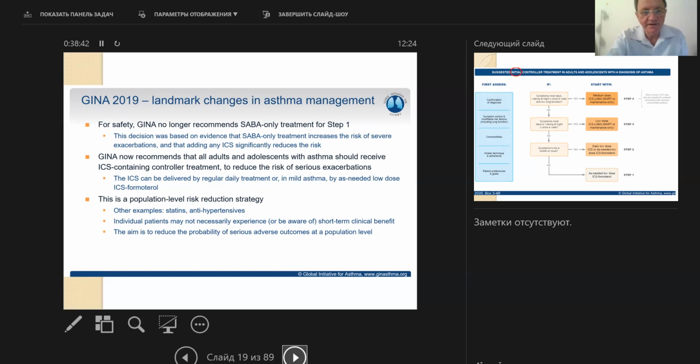Now it's prohibited. GINA now recommends that all adults and adolescents with asthma should receive inhaled corticosteroid-containing controller treatment to reduce the risk of serious effects. And now SABA monotherapy, in other words, is prohibited for treatment of bronchial asthma.